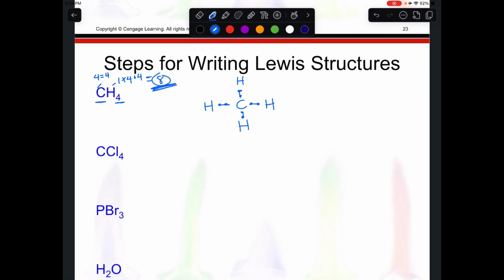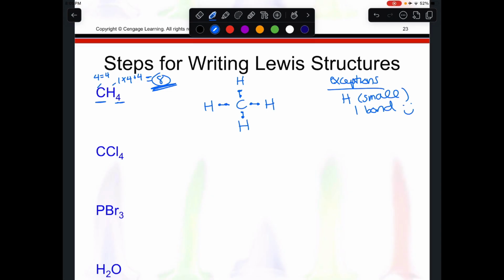Now, we need to see, is everything satisfied? When I say satisfied, I mean has 8 electrons around, or 4 bonds. Now, there are some exceptions. Hydrogen is one of those. We'll add to our exceptions list here. Hydrogen is very small, and so therefore hydrogen only wants 1 bond, and that's what makes it satisfied.